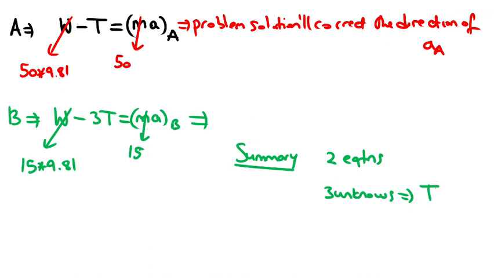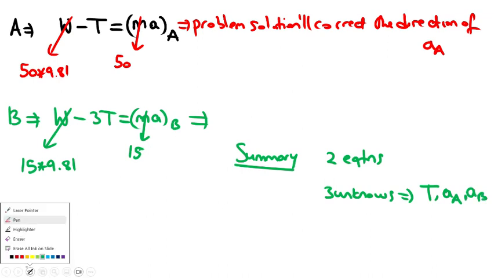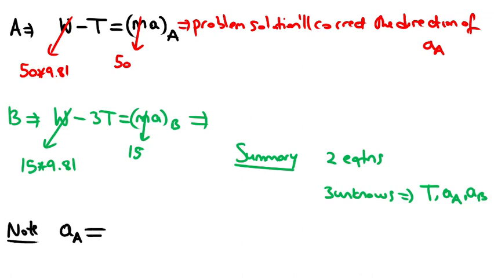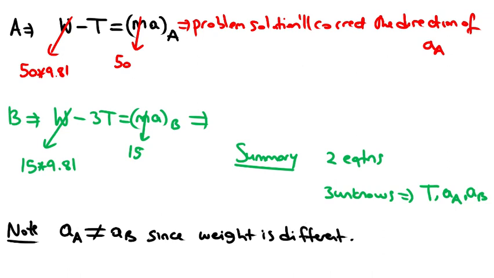That is T, the A of A, and the A of B. Let me add this note: the acceleration of A is not equal to the acceleration of B, since the weights are different. Even if the weight is the same, the supporting cords are different.